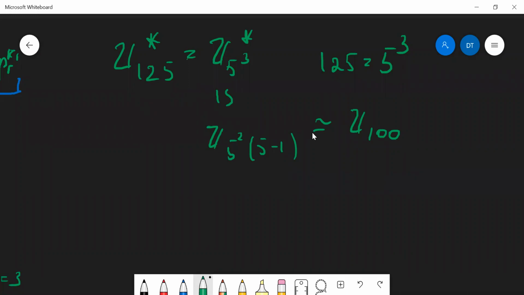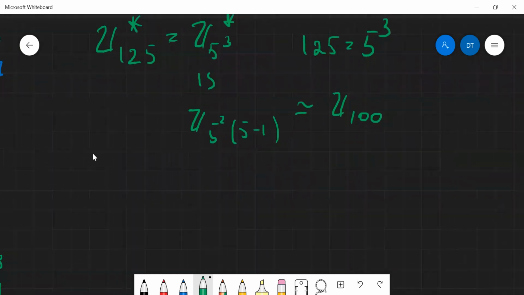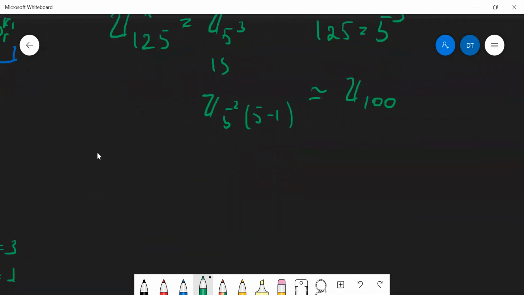Let's try to find at least one generator here. Let me recall a general statement. An element here is a generator if and only if the 2 conditions hold.